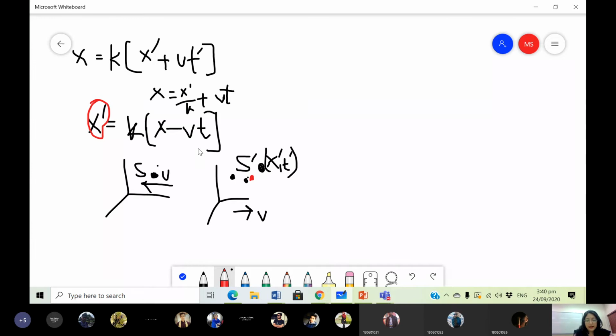Because the Galilean transformation said that if the coordinate here is x, and the frame is moving backwards with velocity v, then the distance will be x minus vt, times some factor which we are going to derive. Okay, we have to derive this.